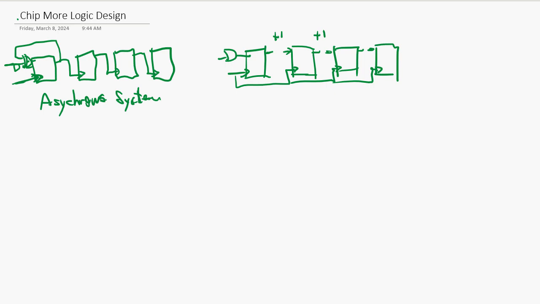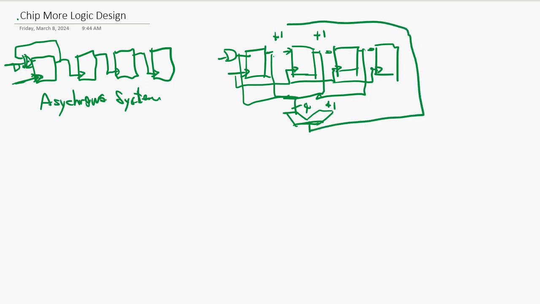So ideally you have an incrementer. Conceptually, this 4-bit comes in, plus 1, and this 4-bit goes back to this, right?